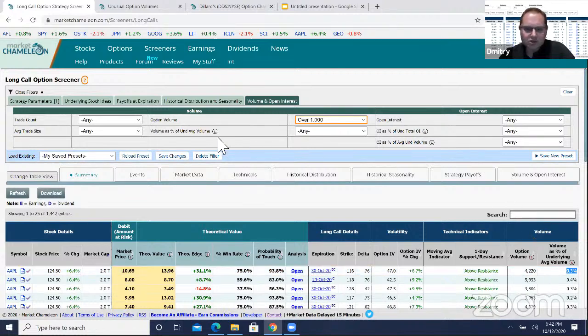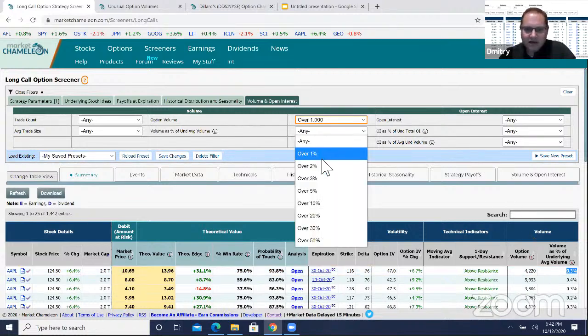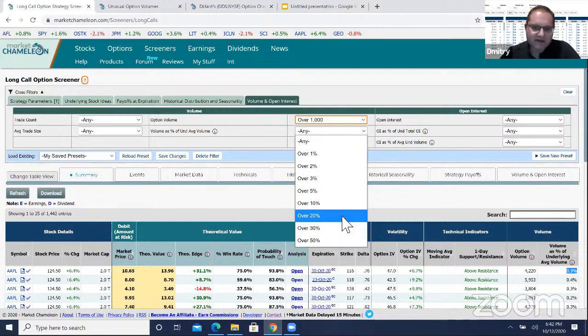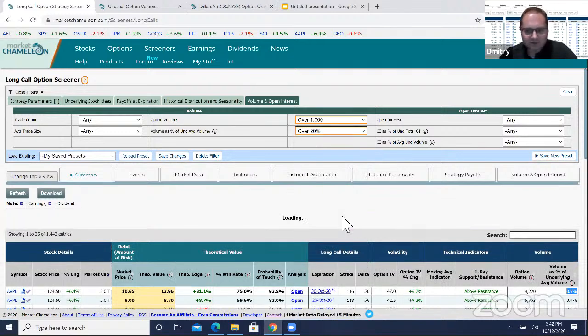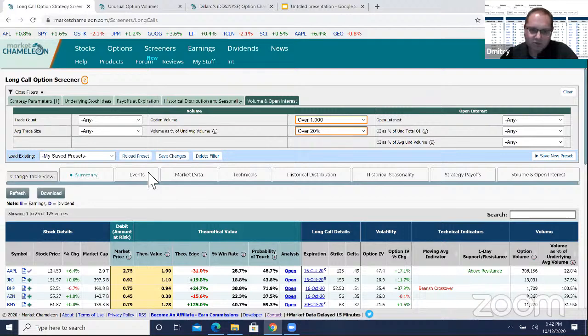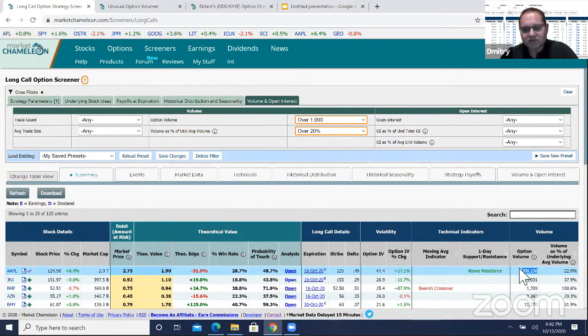Okay, so let's say I'm going to set that the option volume on that contract had to be at least, let's say, 20% of the average daily option volume. Okay, so over here, we got one in Apple. Let's take a look. Apple traded 308,156 contracts on the October 16th 125 strike.